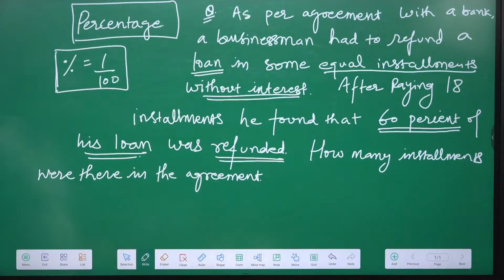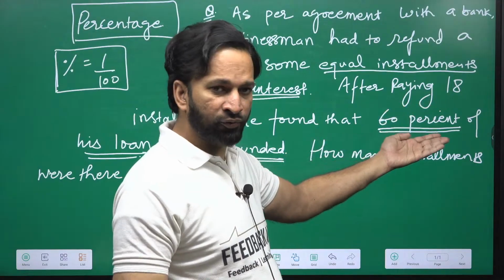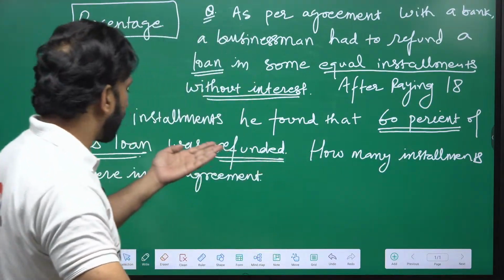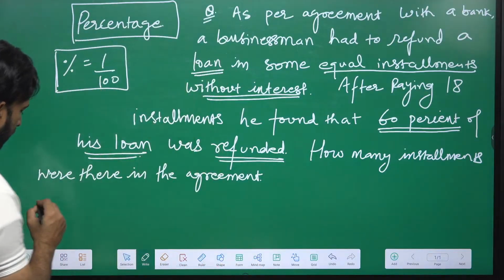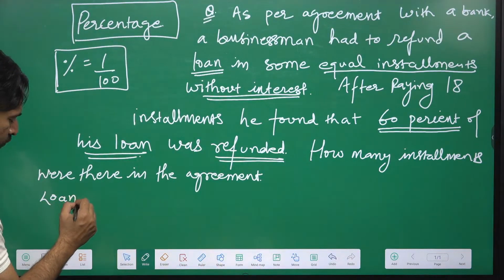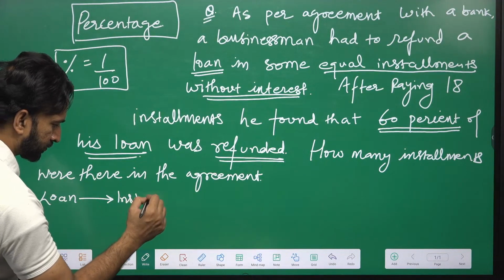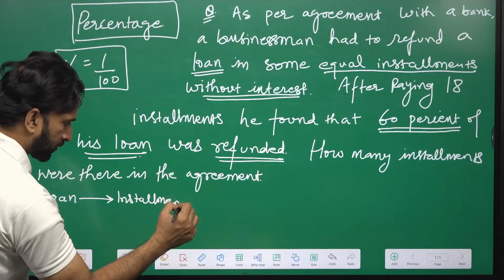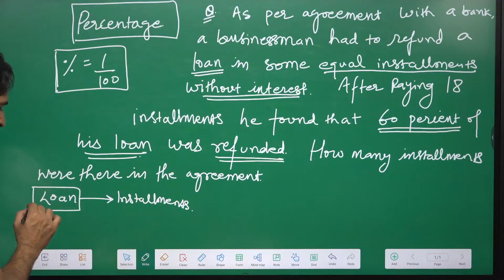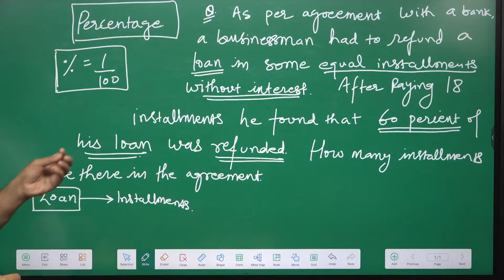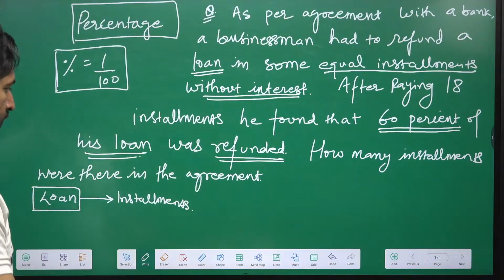So the question is very simple. We have to find out that a loan was taken which was to be refunded in installments. We don't know the amount of loan, and the question is not asking about the amount of the loan.